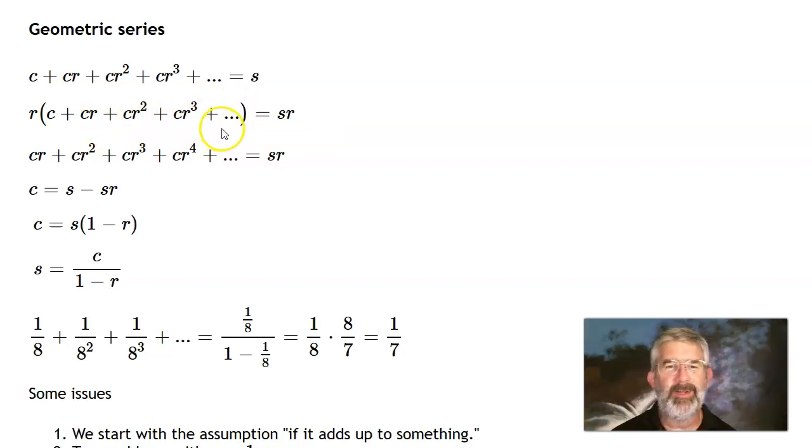I can distribute that r through, and then I said I want to take this one and subtract that one. So I'm essentially thinking of this as a power series. Instead of x as my variable, r is my variable. And I said, okay, I can subtract the constants, c minus 0, I can subtract the linear parts, the quadratic parts, the cubic parts, and all of them disappeared except for the constant term right there.